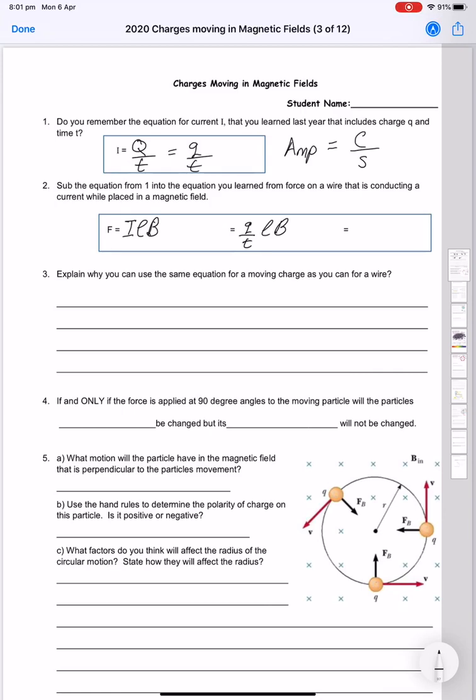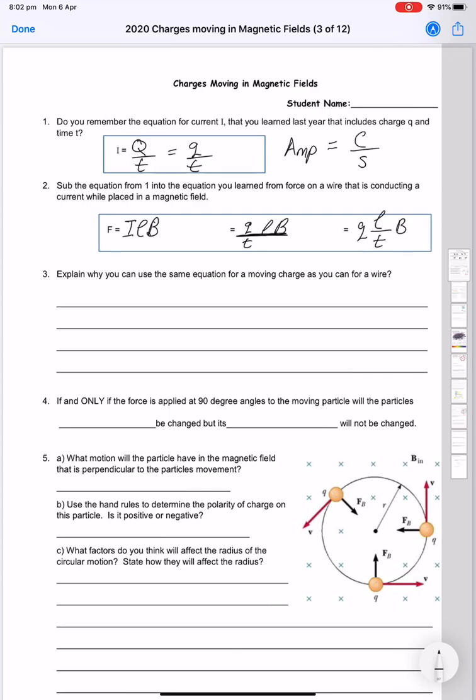Now, hopefully you realize that when you're dividing the Q by T, you're actually dividing the entire equation by T. And that means I can just move things around a little bit and have the length divided by T. Now, if you have length divided by time, what do you end up with?